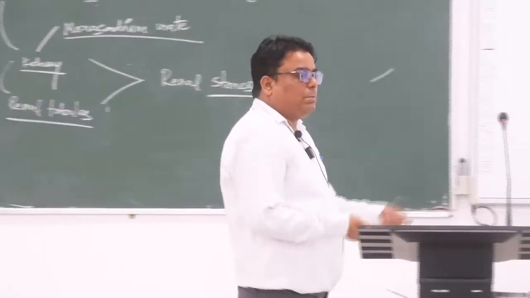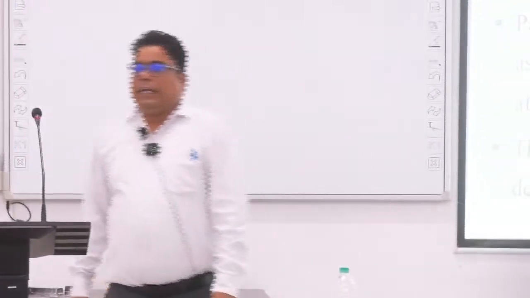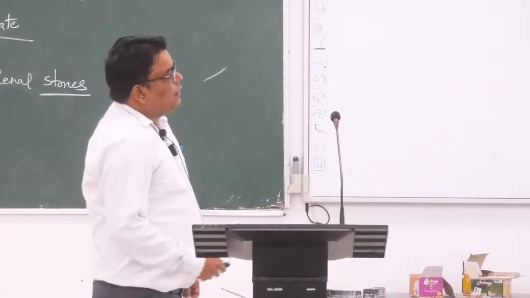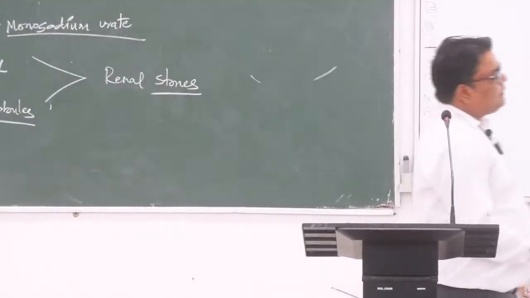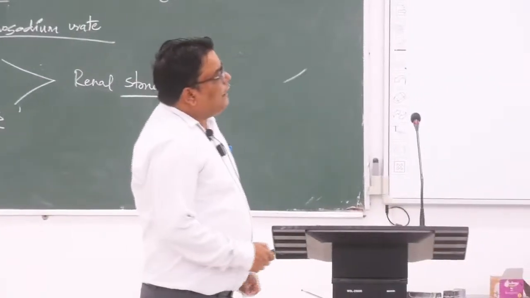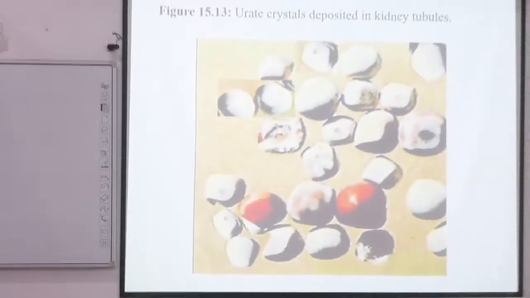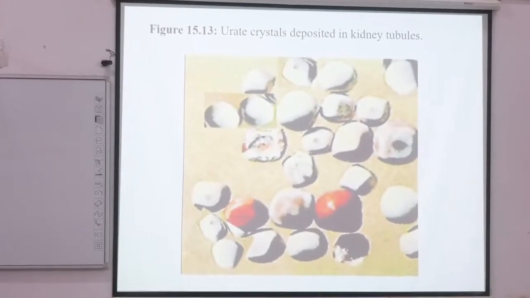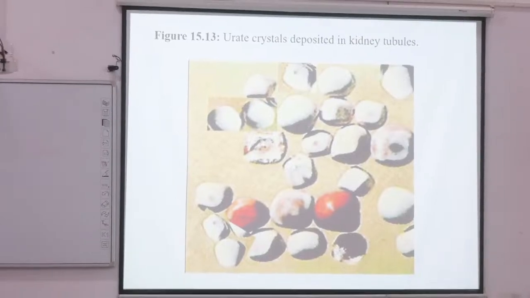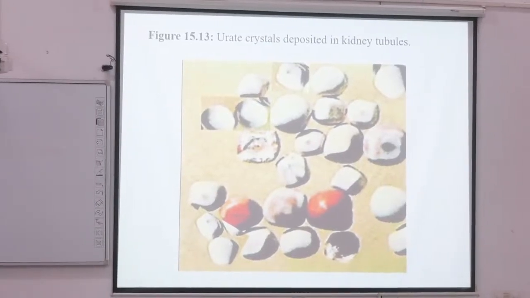If this renal calculus persists for a long time, then it leads to renal failure. Okay? You will see that such kind of tophi is formed in such patients of primary gout. Okay? And these crystals appear in the kidney tubules. This is called monosodium urate crystals, which is formed by the excessive production of uric acid. Okay? It is primary gout.